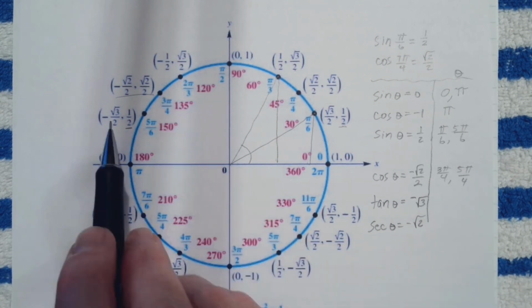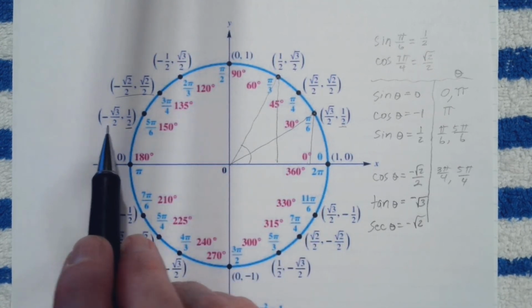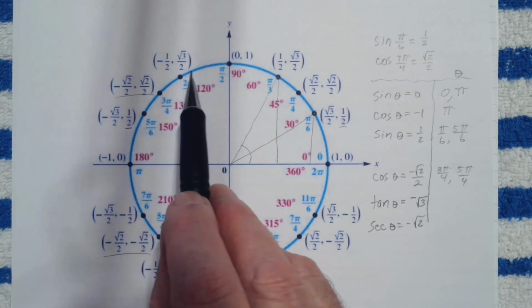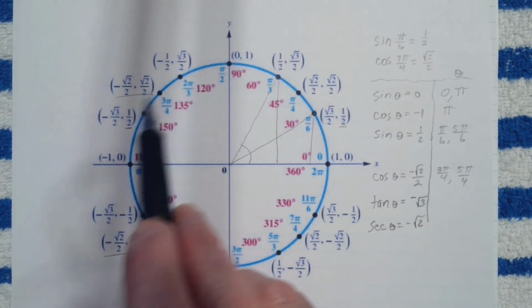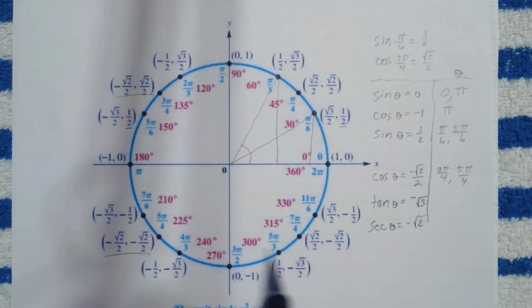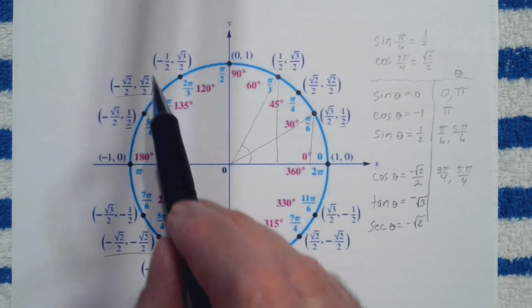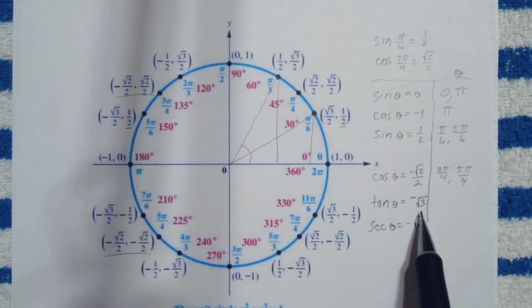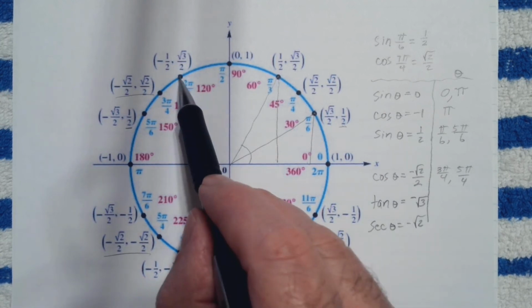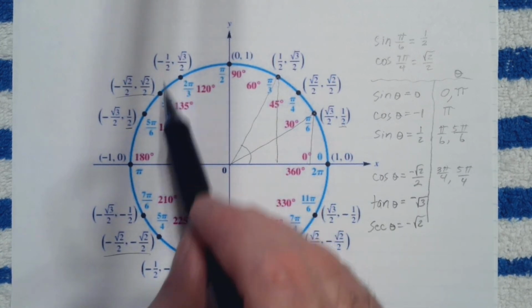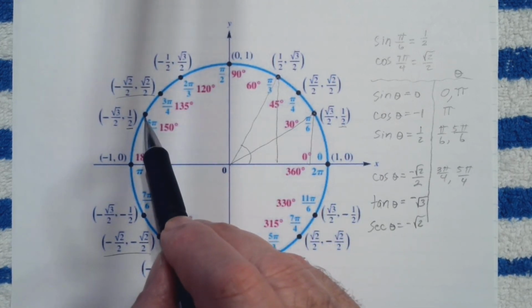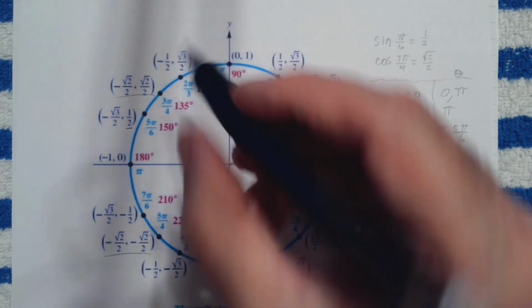So we know tangent is negative when the signs of the points are opposite. So tangent's negative over here and also over here. And so to get negative square root of 3, that's either going to happen here or it's going to happen here. So let's just go ahead and check this out real quick.